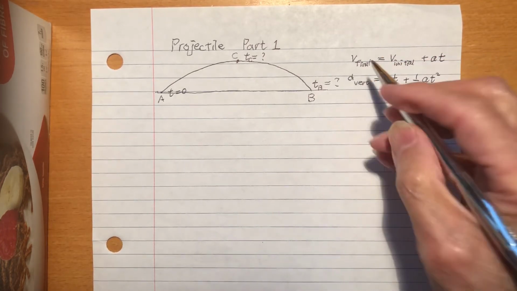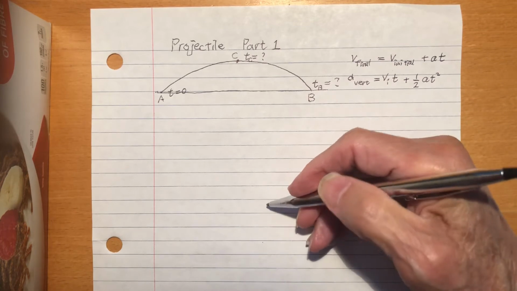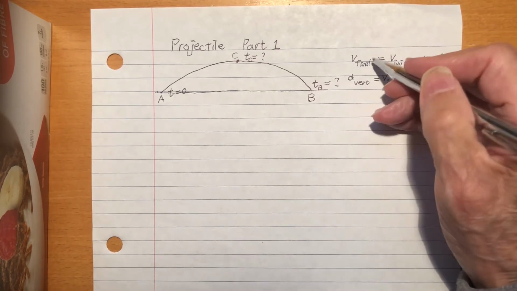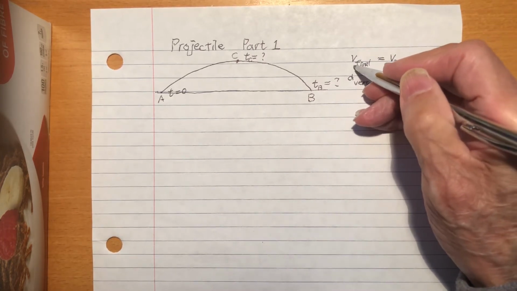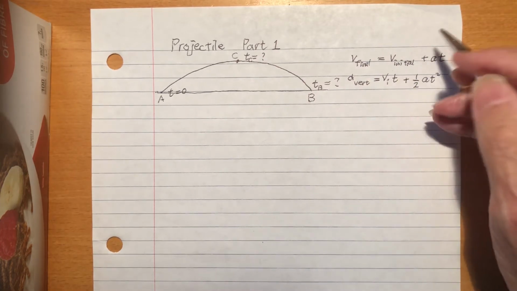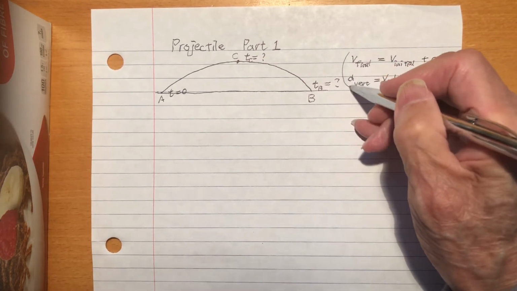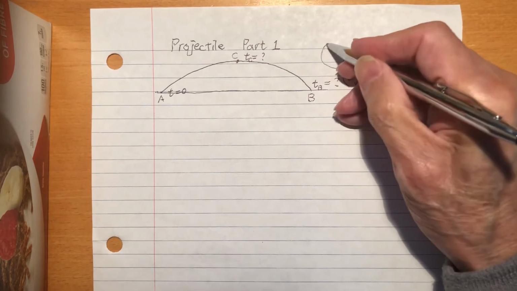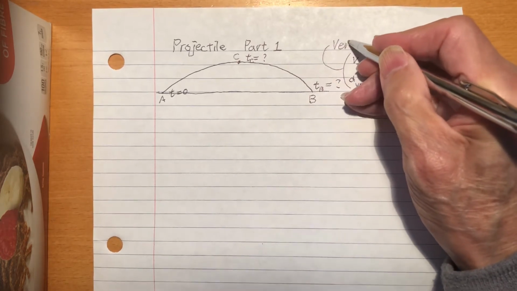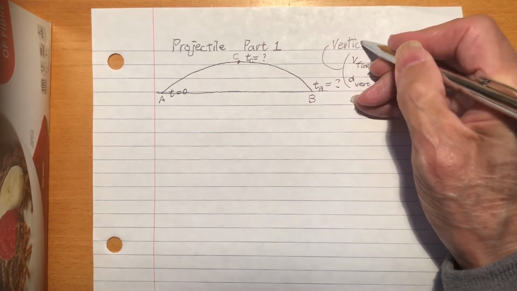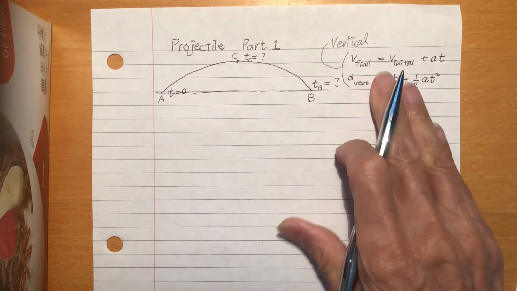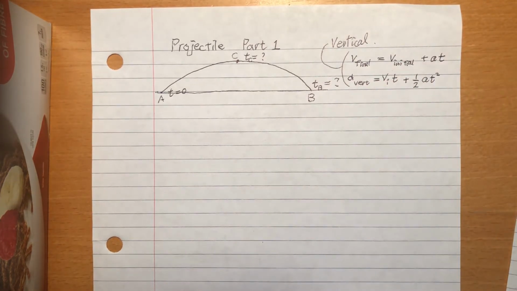Remember, these two equations refer to the vertical component. So the V final is vertical, and V initial is vertical. Just remember the vertical part. All right, we are going to use these two equations.